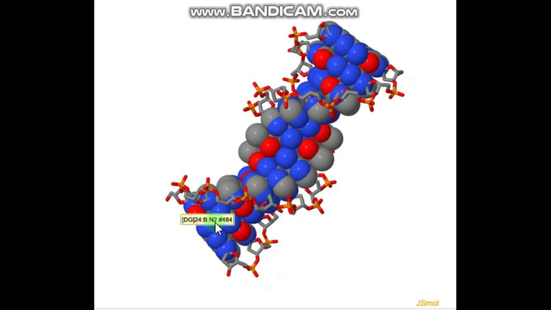So we looked in detail at the forces that could be formed there, and we saw that the structure does its best to maximize the contact surface area between the stacked bases. So for example, by introducing the propeller twist, which we saw between one base and another within the base pair.